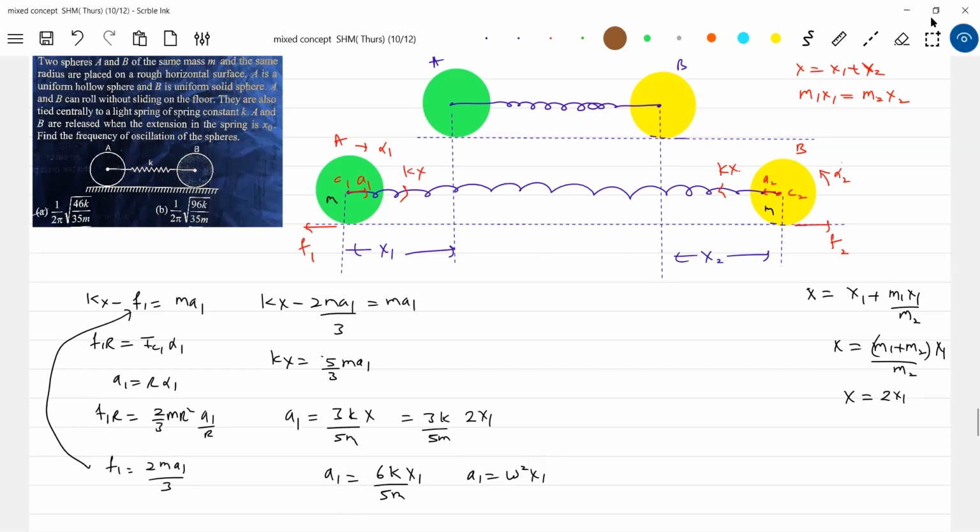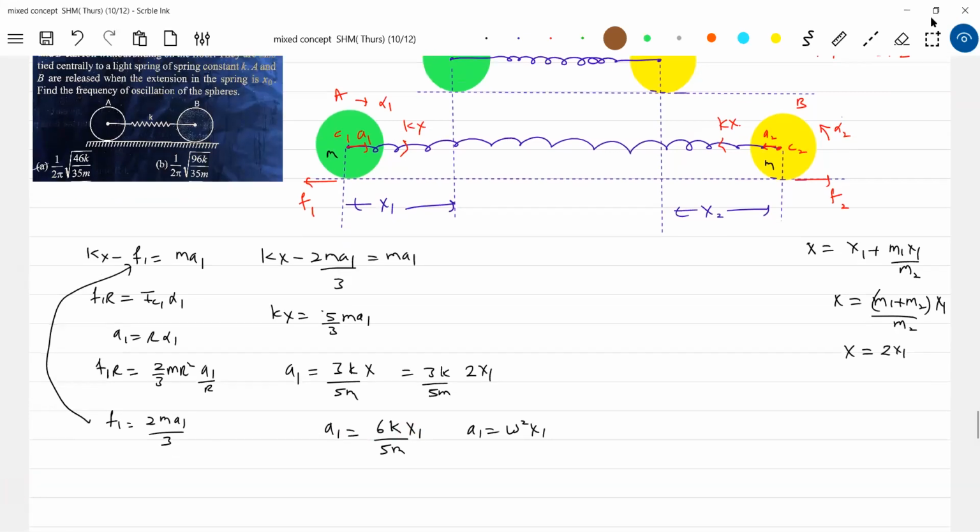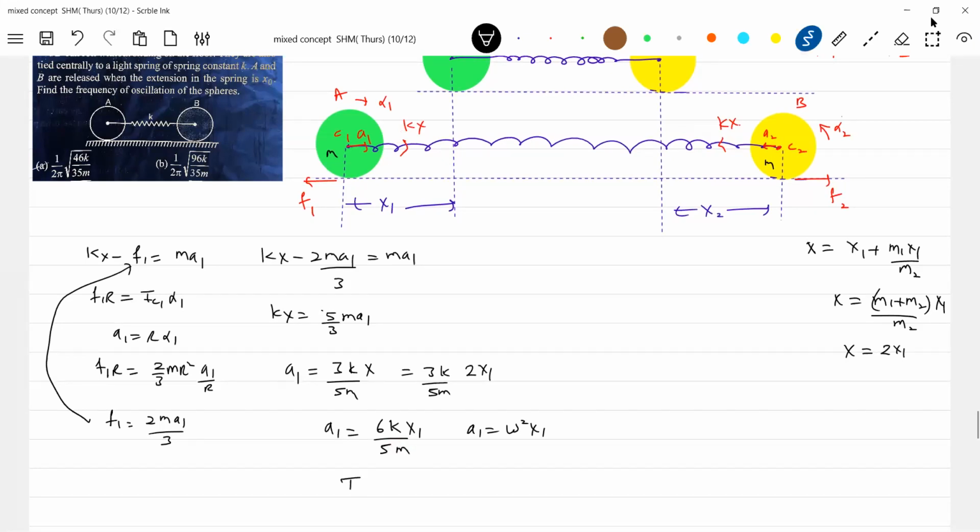That acceleration a1 is opposite to displacement, because the center of mass is shifted towards left, or the spring force is acting towards right. They'll be opposite. Here, if you want, you can bring the sign, but let me not complicate it by introducing the sign in the end. It is understood from the diagram. So what is the time period now?